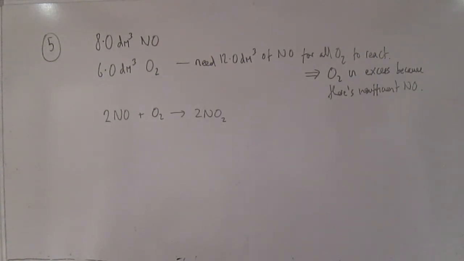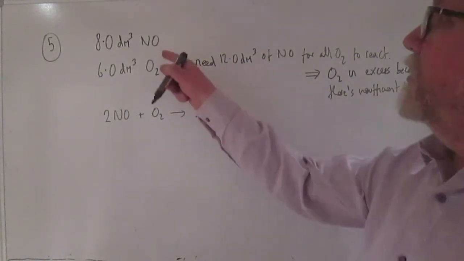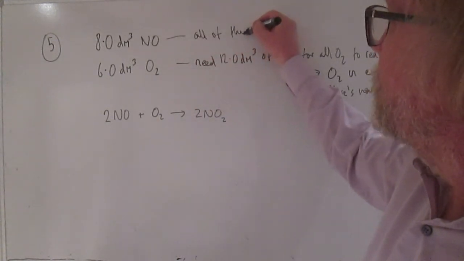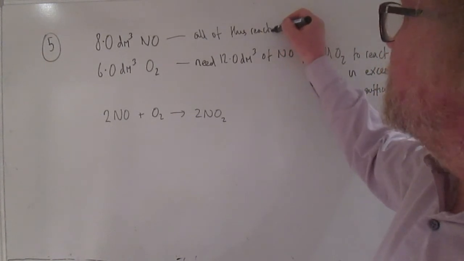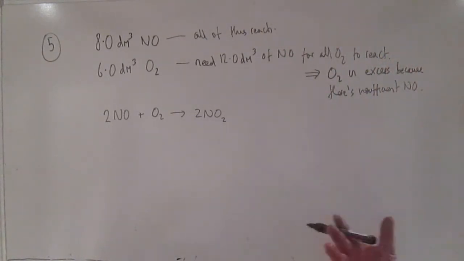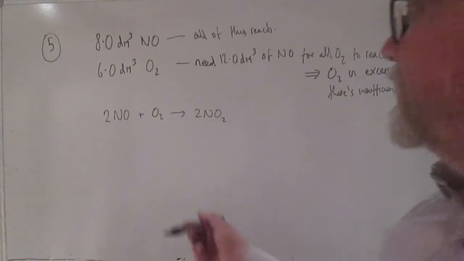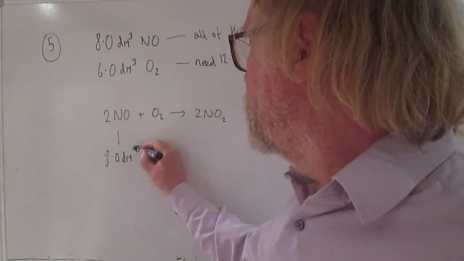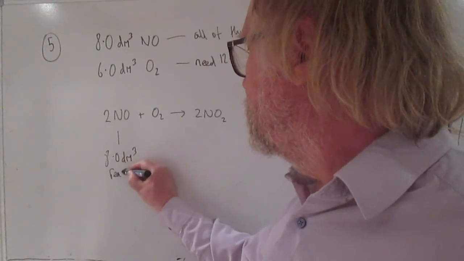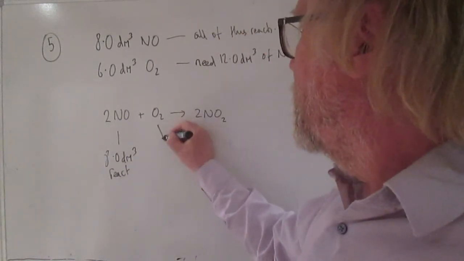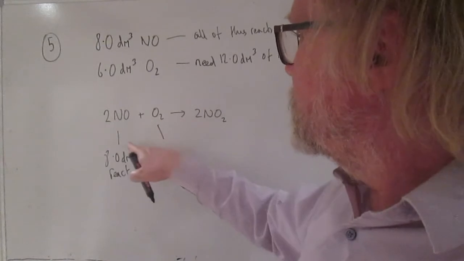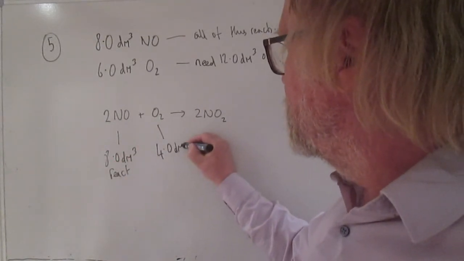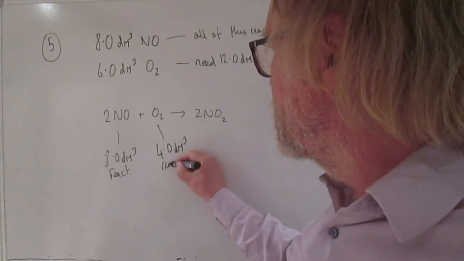And then you think, right, okay, what that means is that all of this NO therefore reacts, right? Because it's not in excess, and if it's not in excess, it means all of it reacts. So that means that 8.0 dm cubed react, and therefore from the equation, if 8 dm cubed of that react, 4.0 dm cubed of O2 react.